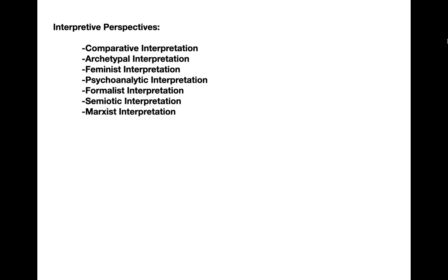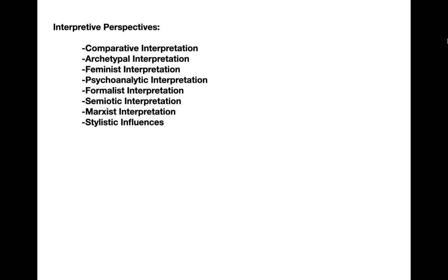Next we have Marxist interpretation. Interpreting a photograph this way would be looking for manifestations of larger societal developments in social history in addition to photo and art history. So we might be looking at it in terms of what this can tell us about the way that capitalists have alienated us from our own labor.